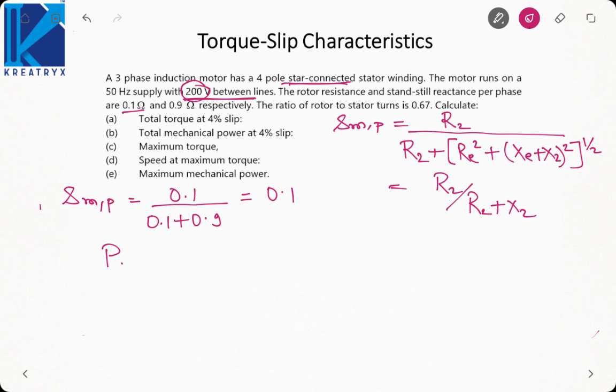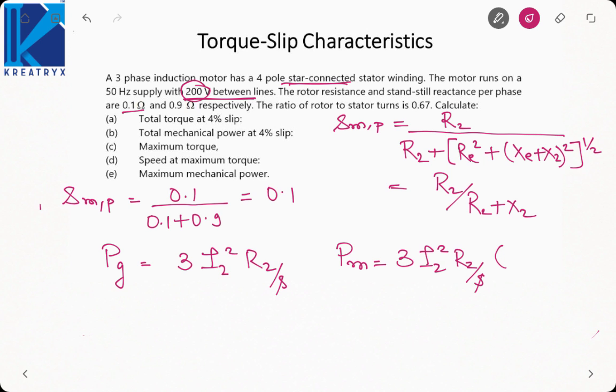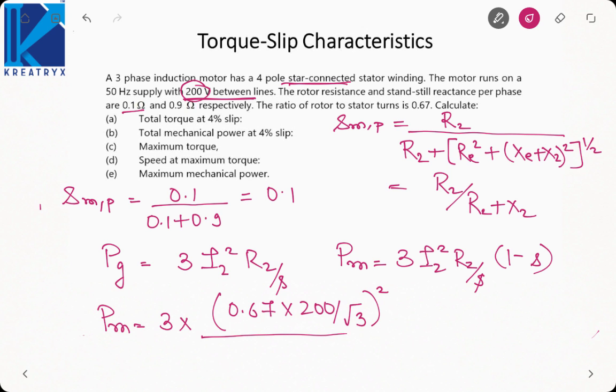How to calculate air gap power? 3 I2 square R2 by S. So mechanical power will be 3 I2 square R2 by S into 1 minus S. So what will be the mechanical power? 3 into I2 square. How will you calculate it? That will be V2 square divided by impedance square. What is the impedance? Impedance is R2 by S, that is 0.1 by 0.1, that is 1.